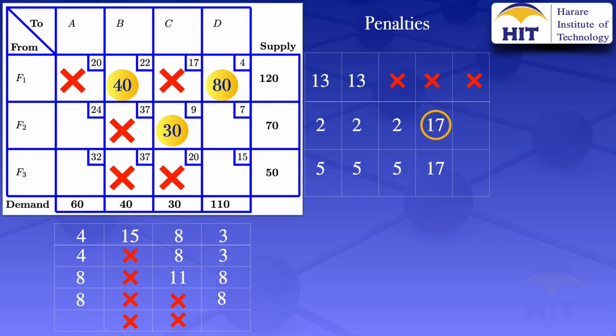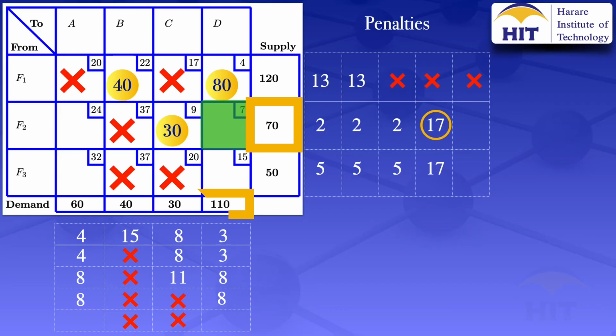So we have to allocate as much as possible in this cell. To see how much we can allocate, we look at the supply constraint, it's a 70. But we have to take note that we have already allocated a 30 there. So if we have already allocated the 30, we look at 70 minus 30, which gives us a 40. So when looking at the supply constraint, we are looking at 40.